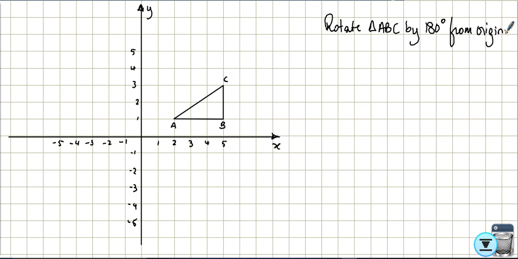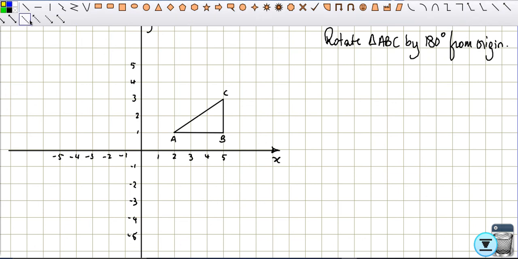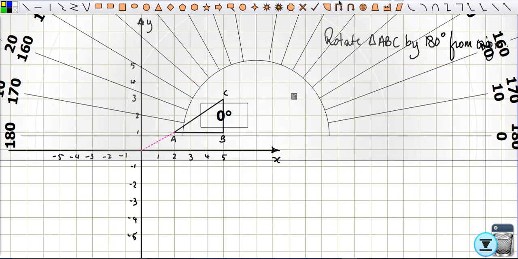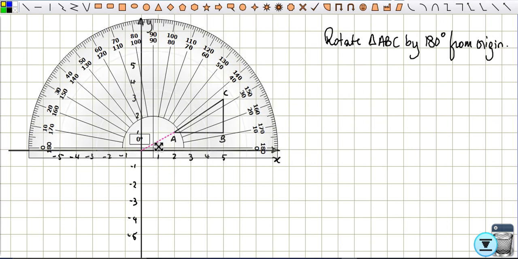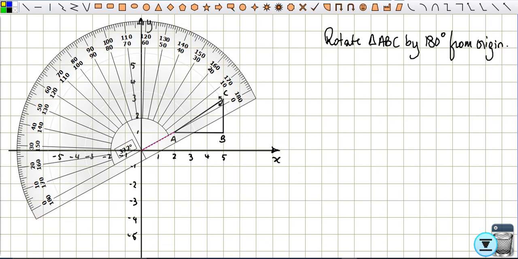Okay, so I have the shape, rotation 180 degrees. Now again, as I did in the other example, I'm going to draw a line from one of the coordinates. I'm choosing A to the origin. I'm going to use the protractor as I did in the other examples. I'm going to place my protractor on the origin and rotate it until 0 lies on A. Alright, 0 lies on A. I'm going to enlarge this a little bit.